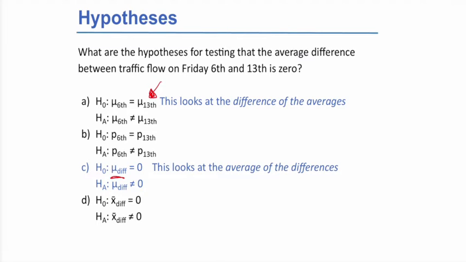This would be for a 2-sample hypothesis test. This is the difference of the averages. We want the average of the differences. That's our matched pairs. This is P. We're looking at a mean, not a proportion. This is X bar. We don't want X bar. We should always use mu in our hypotheses.